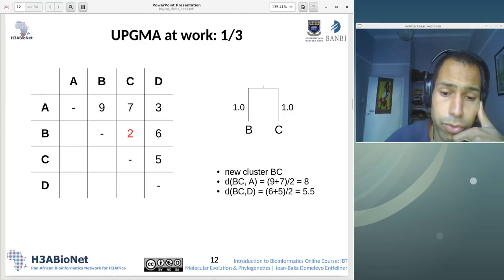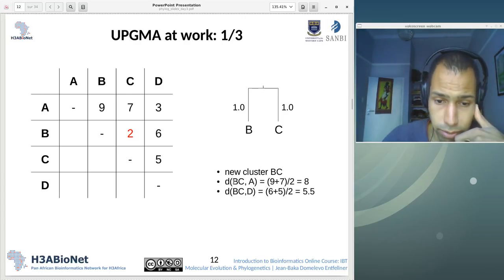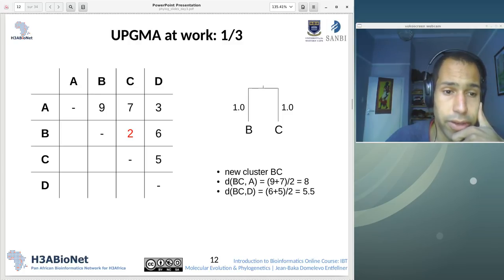So here, the distance between the new cluster BC and A is equal to the average of the distance between B and A and between C and A, right? So we have B and A distance 9, C and A distance 7.